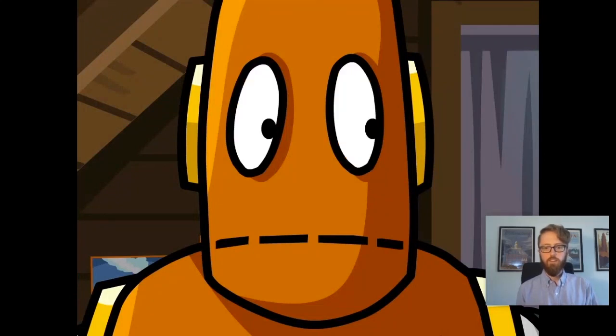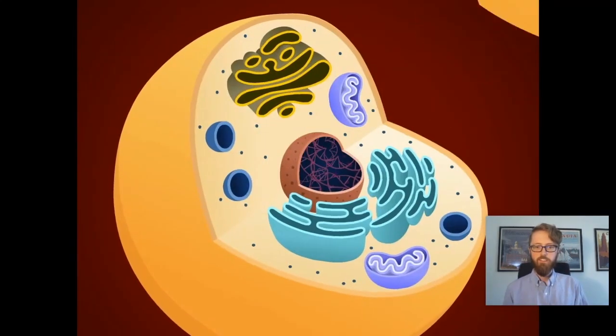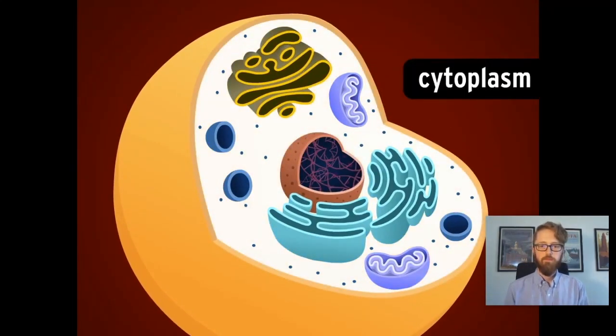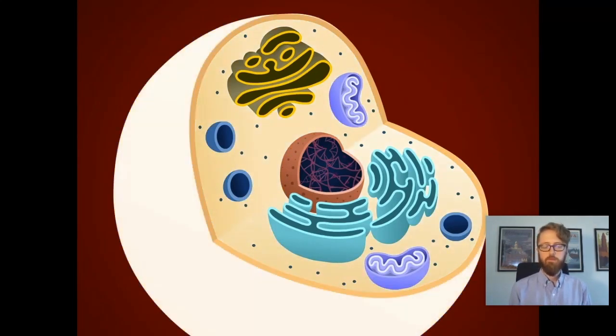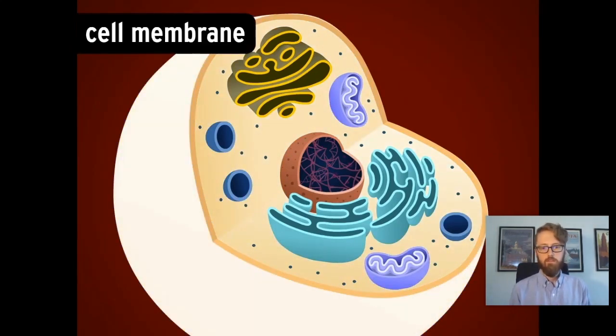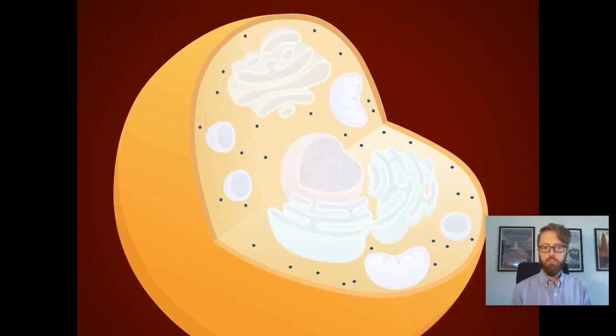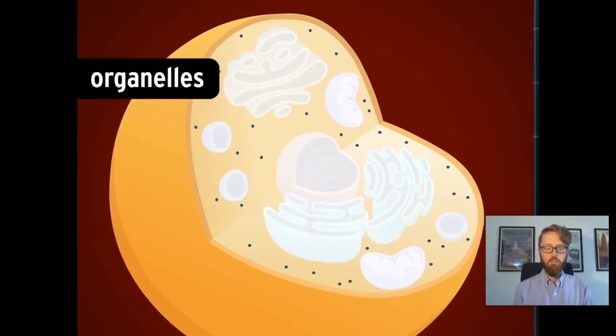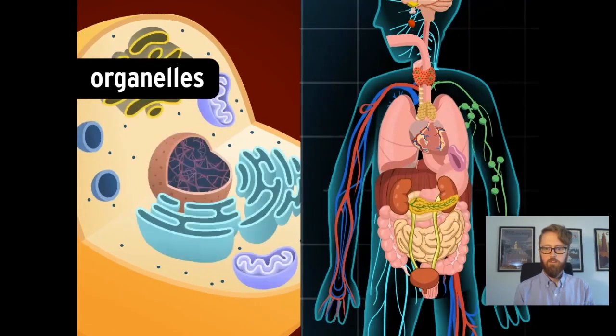Wow, that's cool. Each cell is basically a sac of jelly-like fluid called cytoplasm. The sac surrounding it is called the cell membrane. It lets good stuff in and keeps bad stuff out. That's cool. Floating around in the cytoplasm are organelles. Just like the body has organs for different functions, the cell has organelles for all its functions.